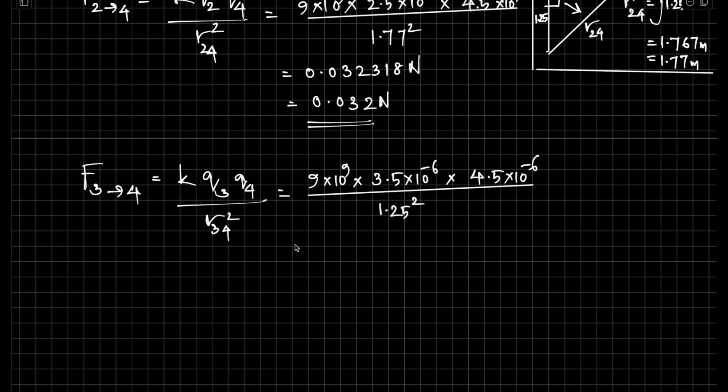That gives 0.09072, approximately 0.091 newtons. Alright, so we have magnitudes of all the forces. Now let's find the direction of these forces.